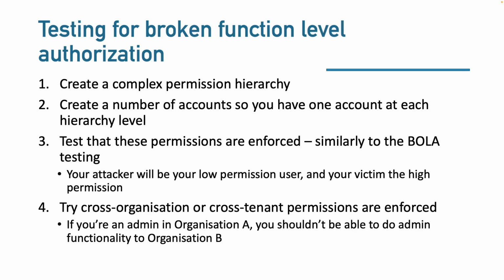You want to make sure your attacker is always your lower permission level user and your victim is the higher permission level user. If you have tenancy or organizations, always ensure that they're not just being enforced across a single organization, but multiple. So for example, if you're an admin in one organization, does that inadvertently give you admin to every organization?